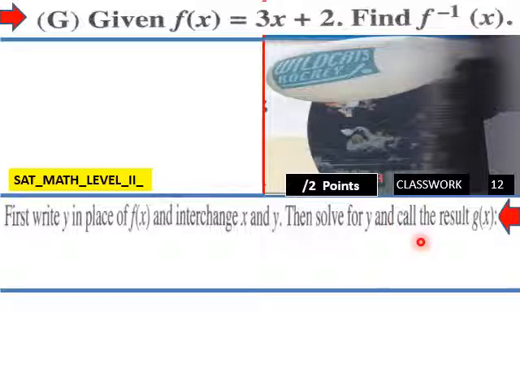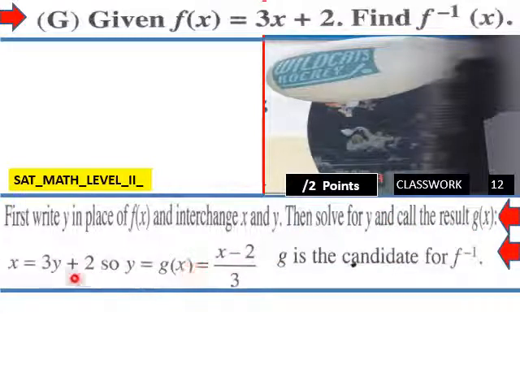Then solve for y and call the result g of x. So to do that, we have x equals 3y plus 2, so we're going to put in y for x. So when we solve for y here, which becomes g of x, y will equal x minus 2 over 3. g is the candidate for the inverse of f.